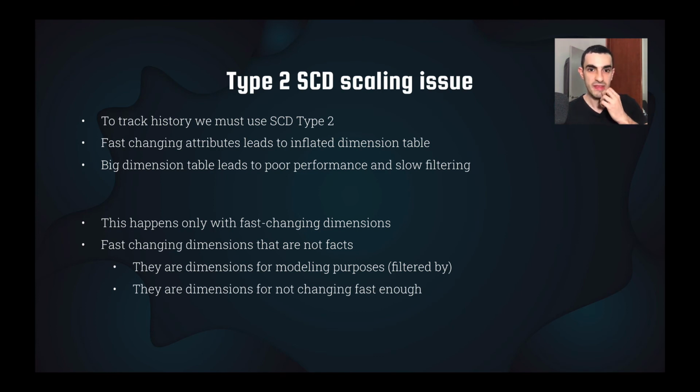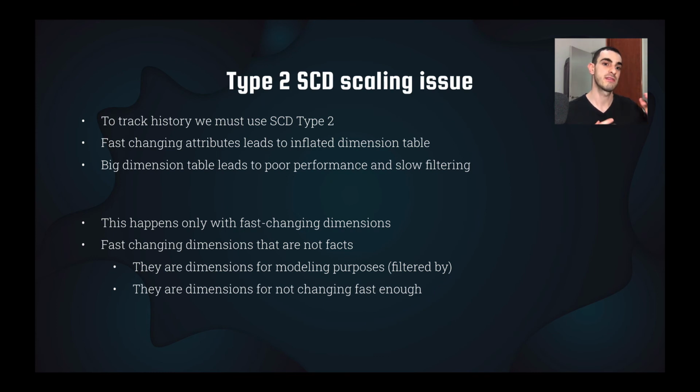In order to track history, complete history, when things changed and what changed and everything like that, we need slowly changing dimension type 2. But if the slowly changing dimension is changing fast enough, it might lead to an inflated dimension table.